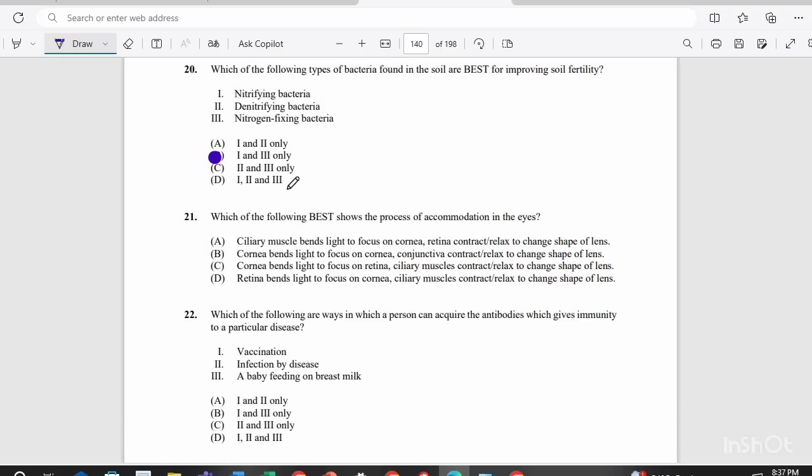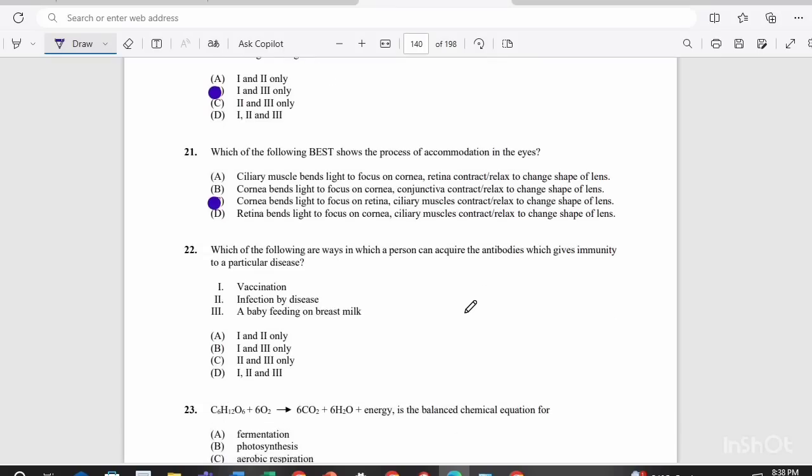Which of the following best shows the process of accommodation in the eyes? You can read those responses. The answer there is C. The cornea bends the light to focus on the retina, and ciliary muscles contract and relax to change the shape of the lens.